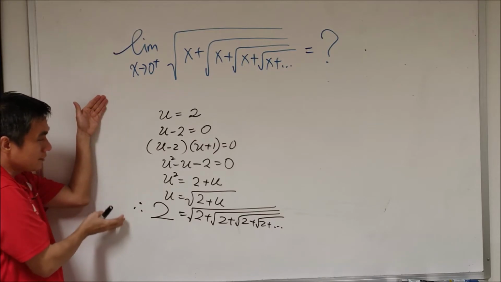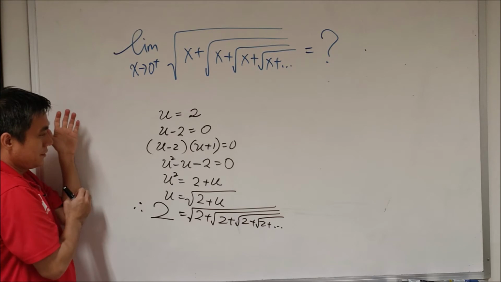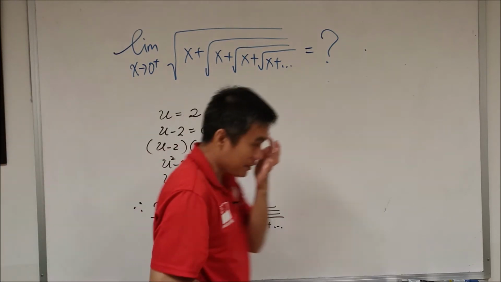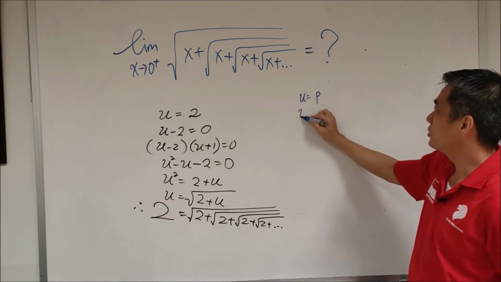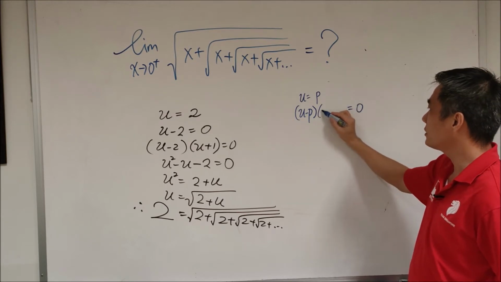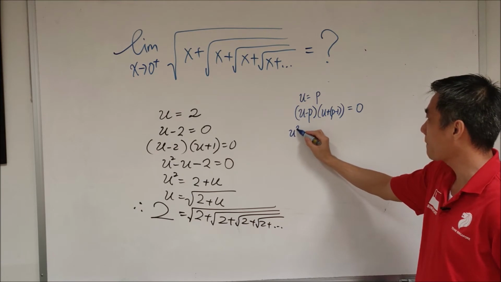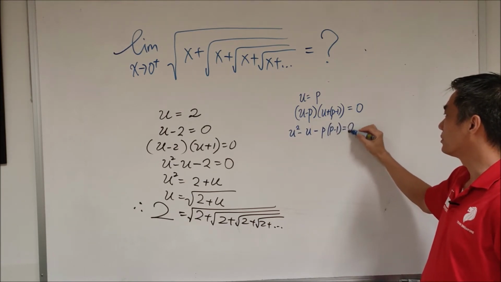Based on this method, we observe an interesting pattern. We can do a similar method for any number that we want. Let's say we start with u equals some p. U minus p will be equal to 0. Of course, you still have 0. You have u squared minus u minus p minus 1 equals 0.